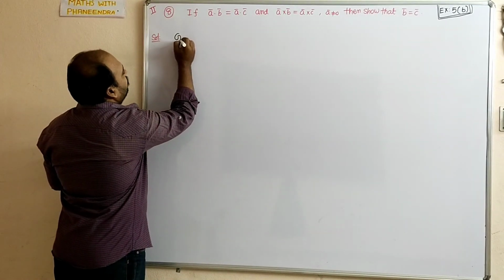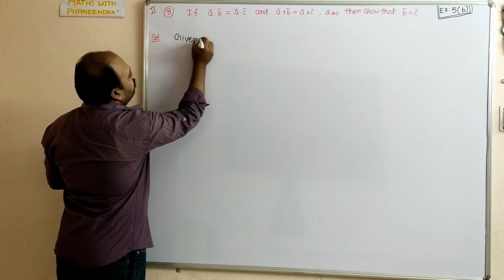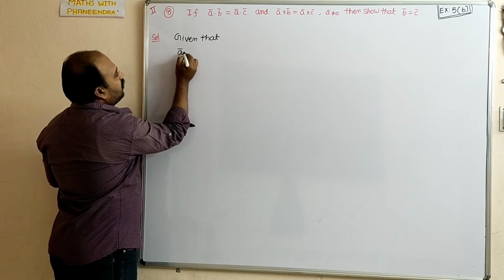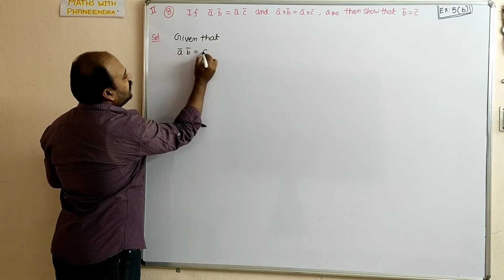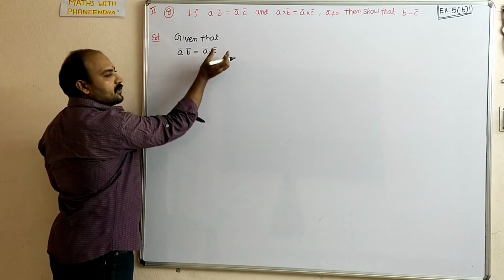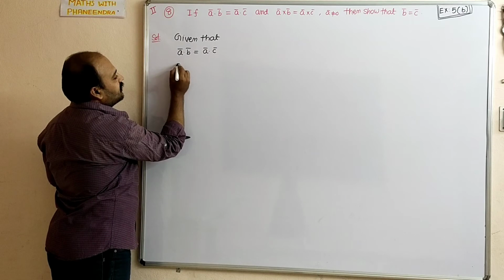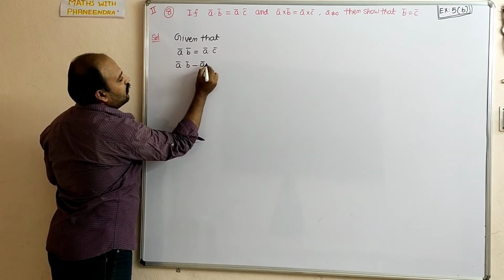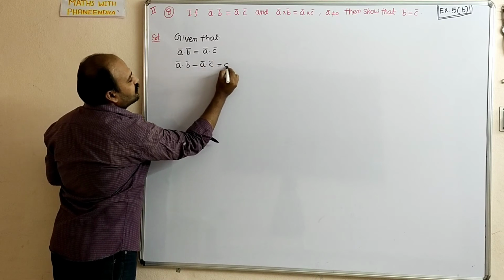Given that a bar dot b bar is equal to a bar dot c bar. This a bar dot c bar I am taking to the LHS side. A bar dot b bar minus a bar dot c bar is equal to 0.